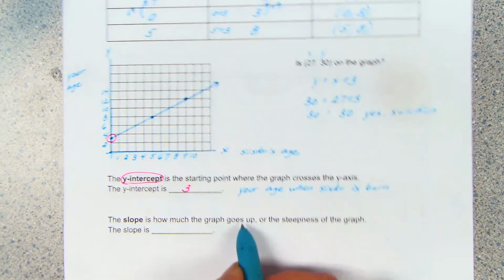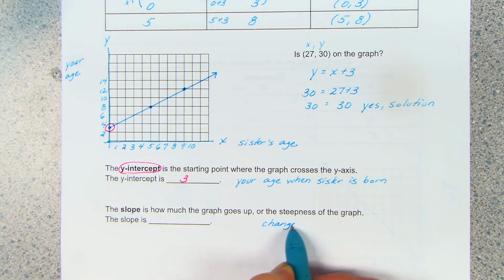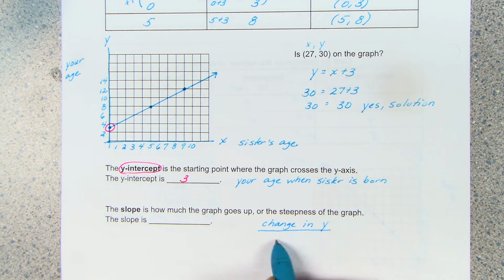And so I'll write it like this. When we're finding the slope, we write the change in the y value, and we put that over the change in the x value.